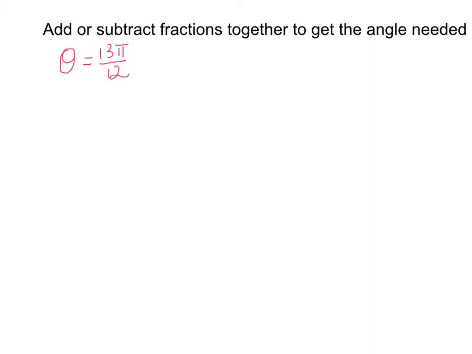So if we listed 0, pi over 6, pi over 4, pi over 3, pi over 2, and then move into the second quadrant, so you have 2 pi over 3, 3 pi over 4, 5 pi over 6, and then pi, and then you converted all of those to twelfths, right?